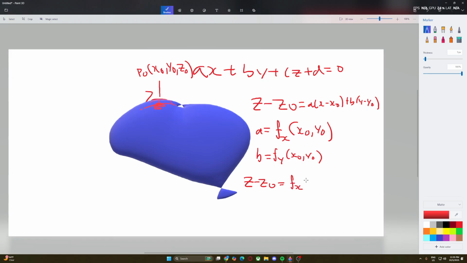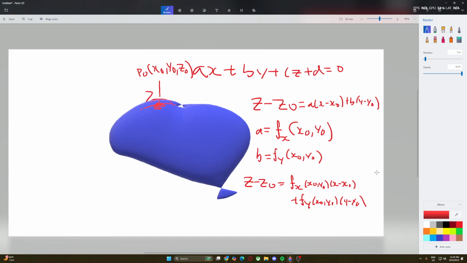I'm not writing it all out, it's gonna be bad. There's an easier way to write this out. Whatever. Alright, that's the equation of the tangent plane.